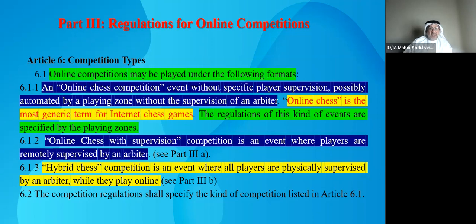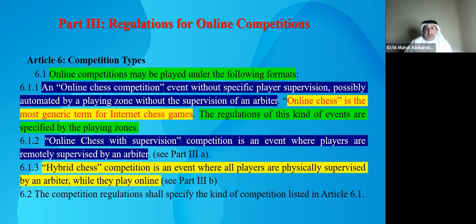So we have hybrid chess. Here it is different. In hybrid chess, we have players in the room and the arbiter also with them, like physical over-the-board play. So a hybrid chess competition is an event where all players are physically supervised by the arbiter while they play online.